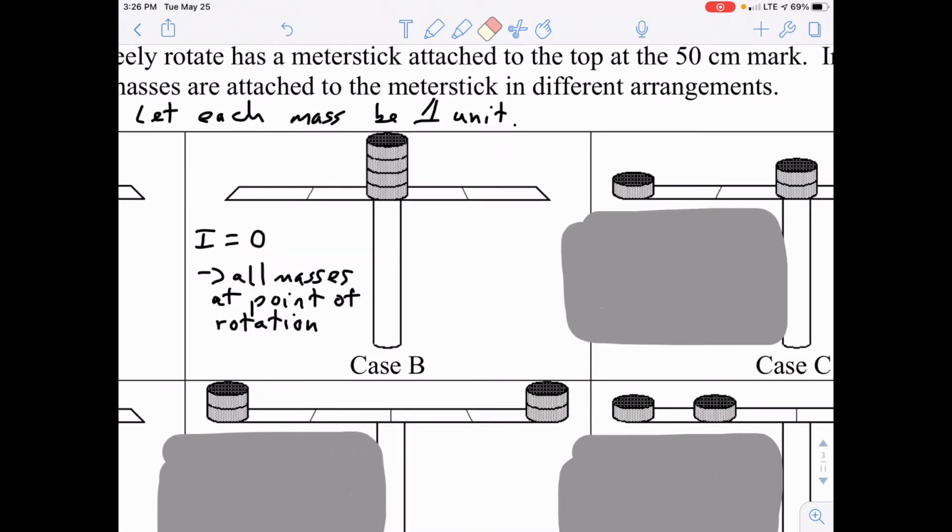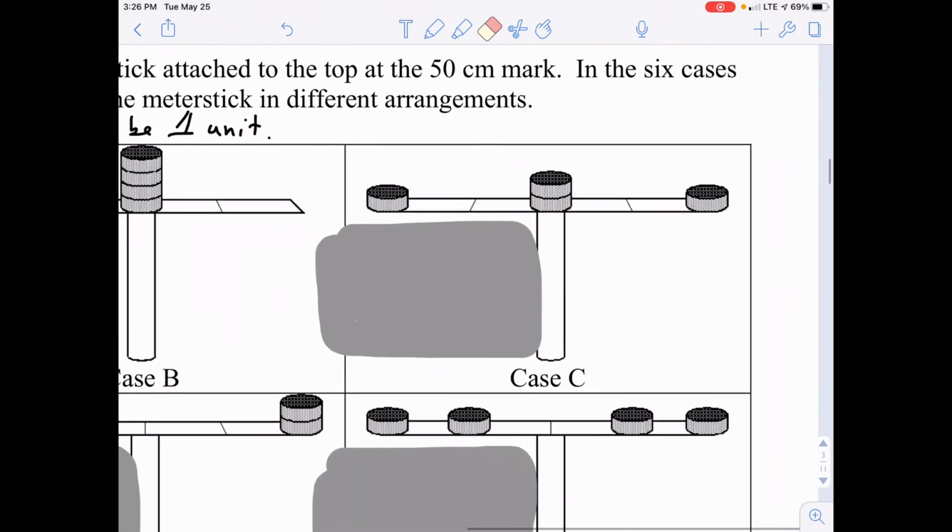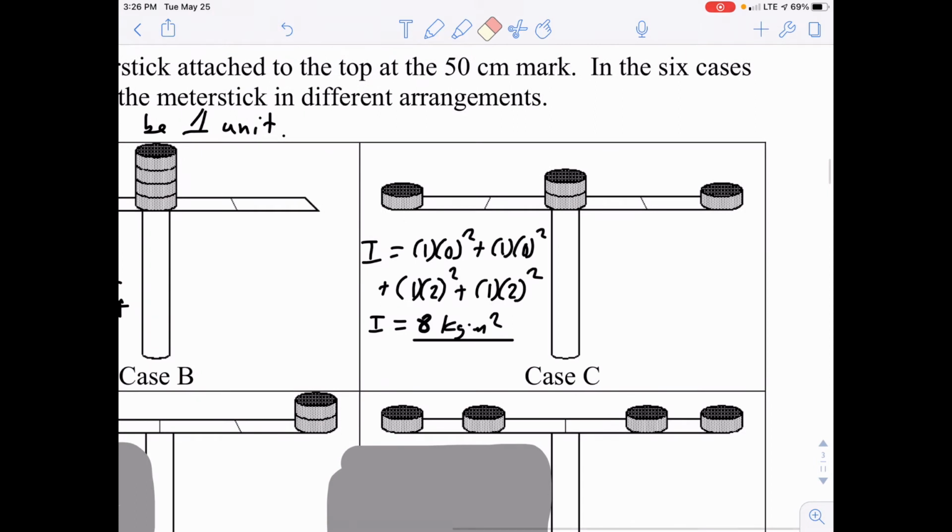Case B, all the masses are stacked at the fulcrum, I equals 0, because all masses do not contribute to any rotational inertia. Case C, we have 2 in the middle that don't count. So I'm going to zero out both of these. And the 2 at the edge do.